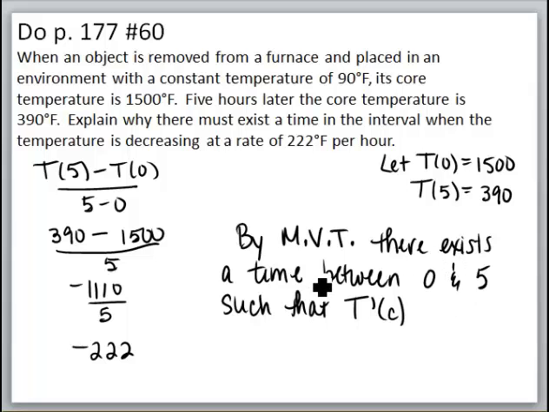There exists a time C between 0 and 5 such that the derivative of C equals negative 222. And that's because the slope of the secant line is negative 222. So at some point along that curve, there also is a slope of the tangent line that is exactly the same.